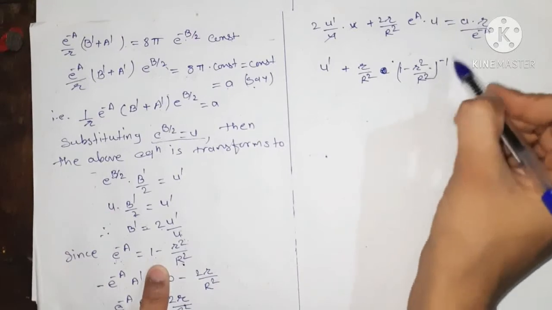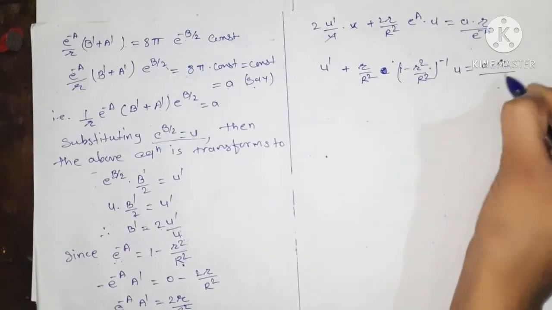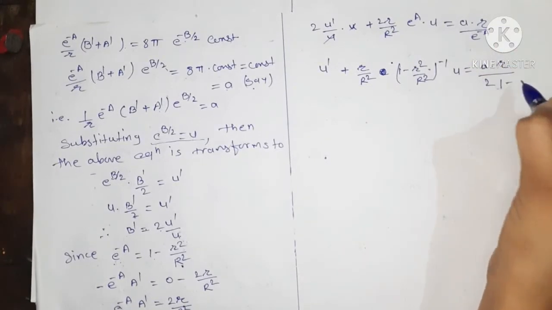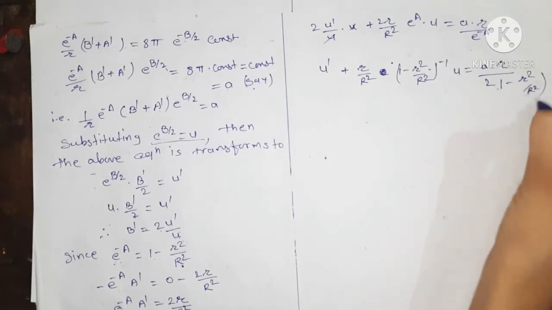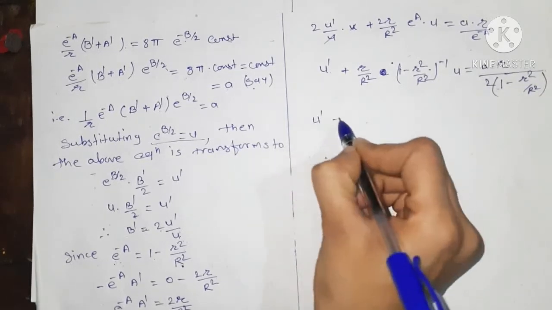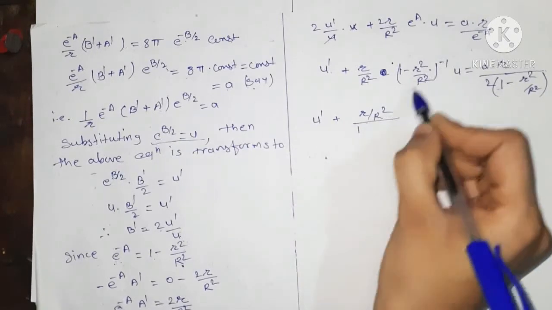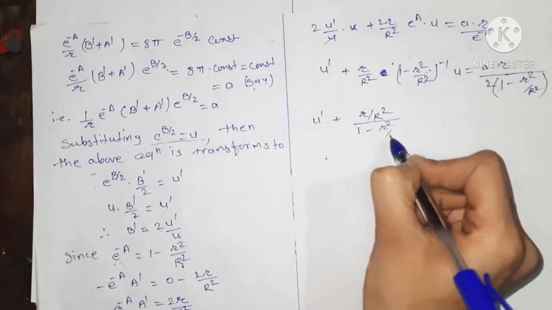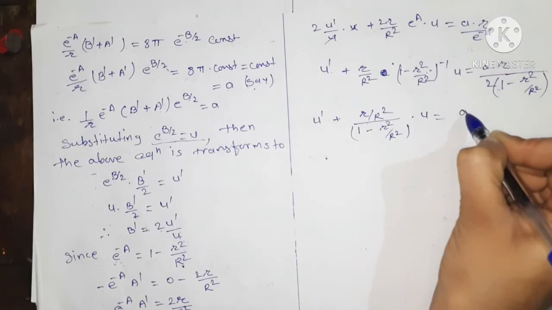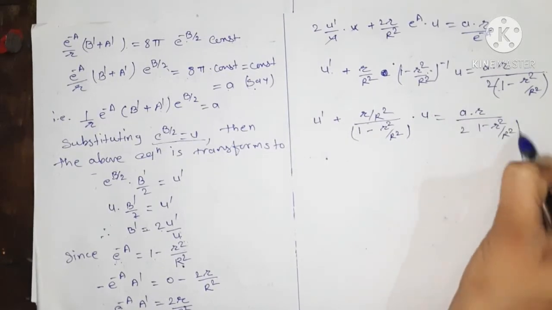Okay, so we take here the inverse, u is equals to a into r upon twice e to the power minus a. E to the power minus a is 1 minus r square upon capital R square. Okay, so we have u dash plus r upon capital R square, and this we write in the reciprocal, so 1 minus r square upon capital R square into u is equals to a into r upon twice 1 minus r square upon capital R square.